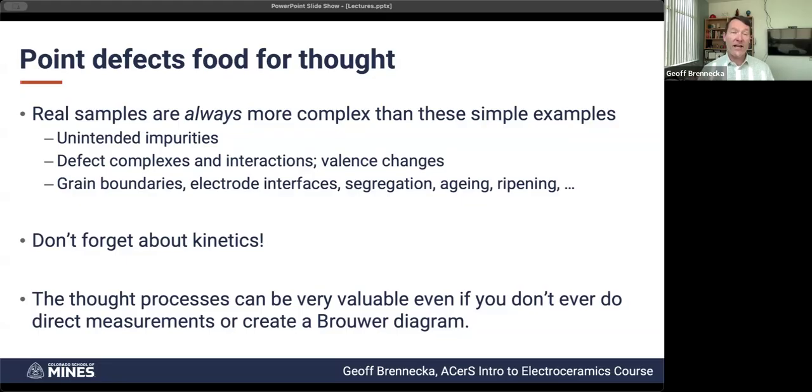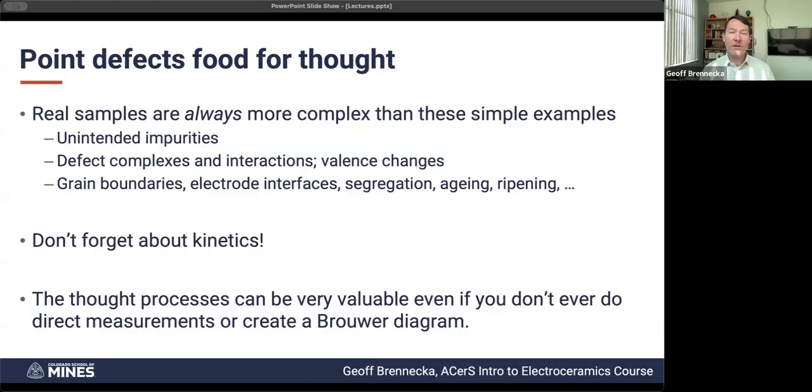You're always going to have unintended impurities. This tells you it's really important to know where your starting materials came from, so what kind of mine produced this titania, or this silica, or this alumina, or whatever it is.